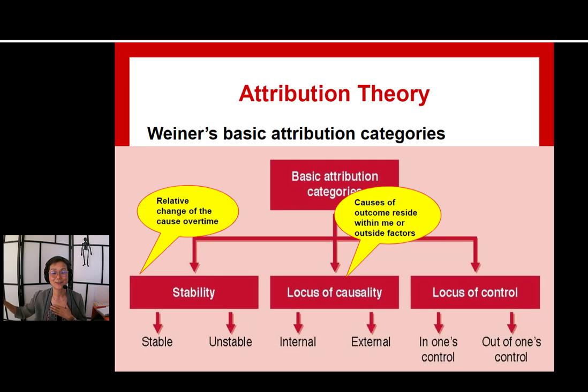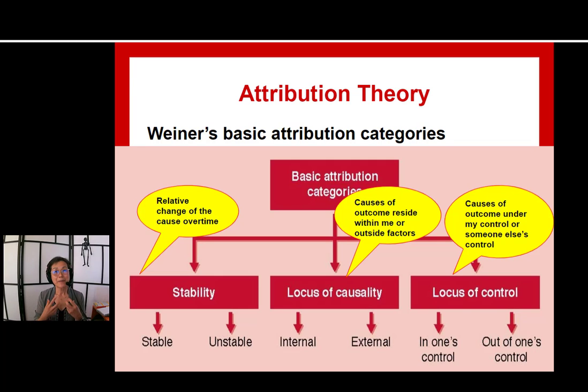Internal, external. The last category is locus of control. Okay, can I make some changes in these causes? If you say yes, it's under your control. If you say, "Oh, I cannot make that change, it's not up to me, it's up to my teacher," then it's out of your control. You got it?